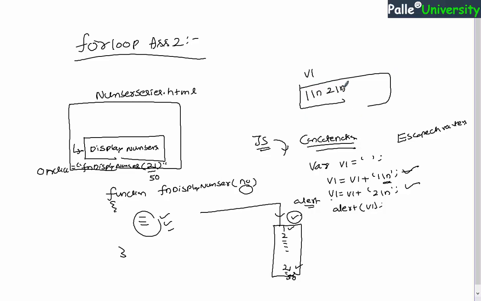So now if I ask the alert box to display v1 data, obviously in the alert box 1 will be displayed. Because of slash n, the next writing will come to the next line and 2 will be displayed, and so on and so forth. I believe you understood the point. Now based on this point you can start doing the assignment, and probably inside this function body you might require to write a for loop.